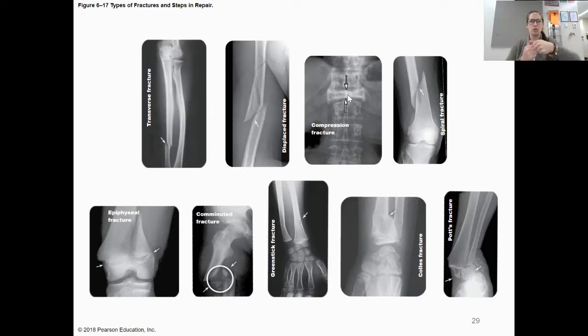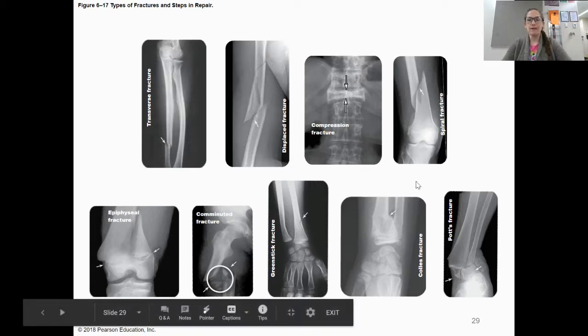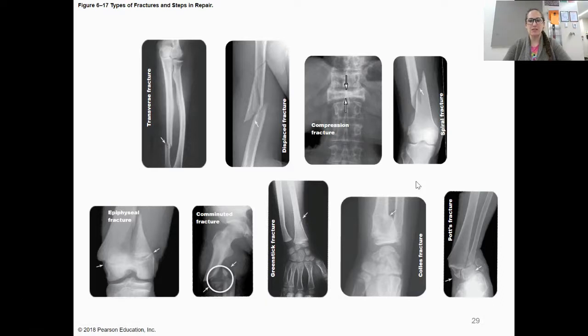This could be a crushing fracture that could occur for a variety of reasons, but we often see compression fractures in the spine. You can take a look at the other types of fractures. We'll talk about a few in class as well. They're definitely interesting. I'll put up some pictures of some of the fractures that I have x-rays of, and you can feel free to share your stories as well.